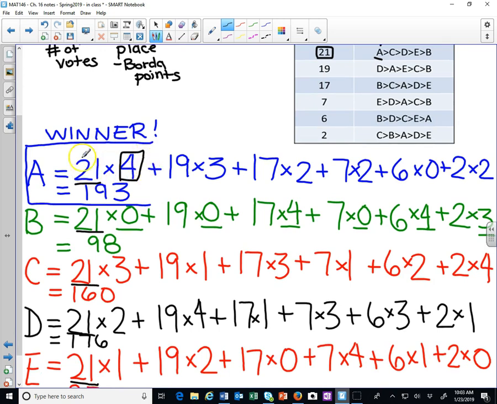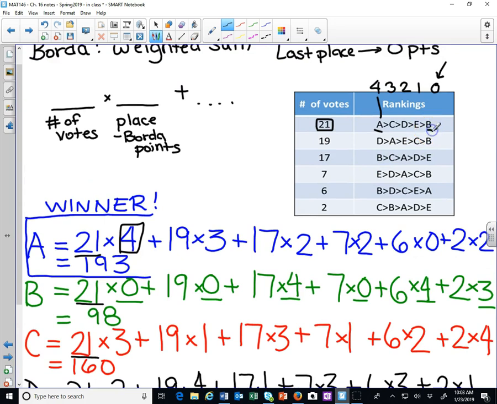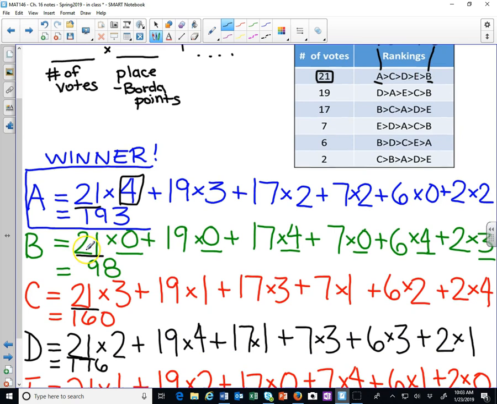So 21 times 4 is how many Borda points A gets for that first ranking. For B, they were in last place in that first ranking, which is 0 points. So they get 21 times 0, which is 0. They get no points for that first ranking.